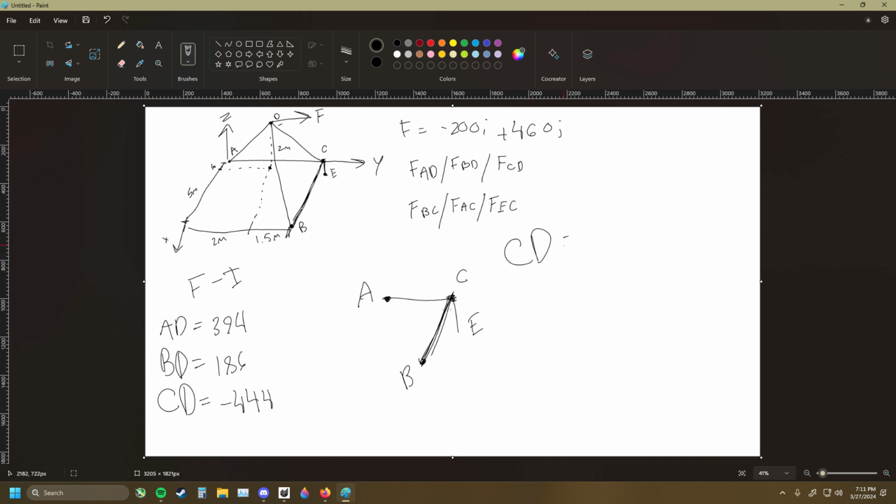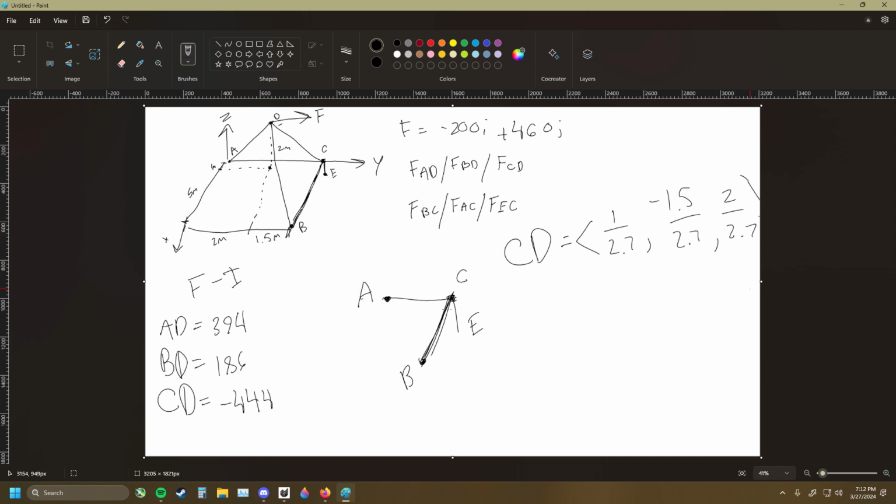So we can just say that CD was equal to our unit vector for CD, times the compression force that it's in, 444. So it's 1 over 2.7, comma, negative 1.5 over 2.7, comma, 2 over 2.7.